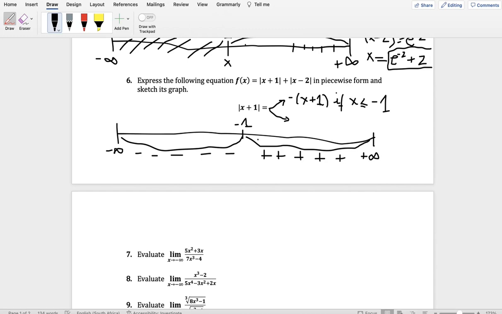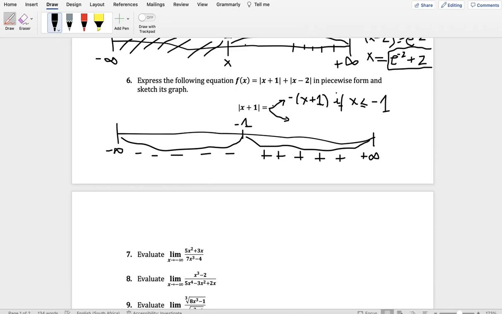So now, when you take values that are greater than -1, so any value in this interval here, what happens is it makes x plus 1 positive, right? Which is what we just found. And the absolute value of a positive number is just a positive number.